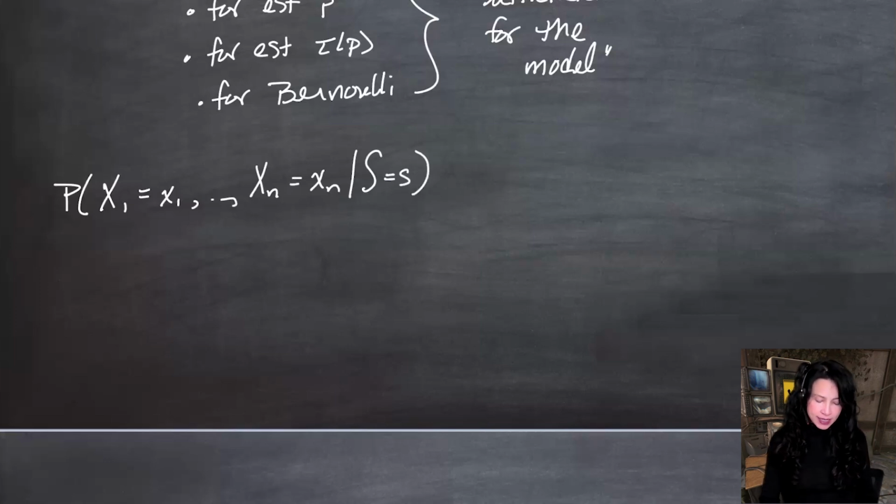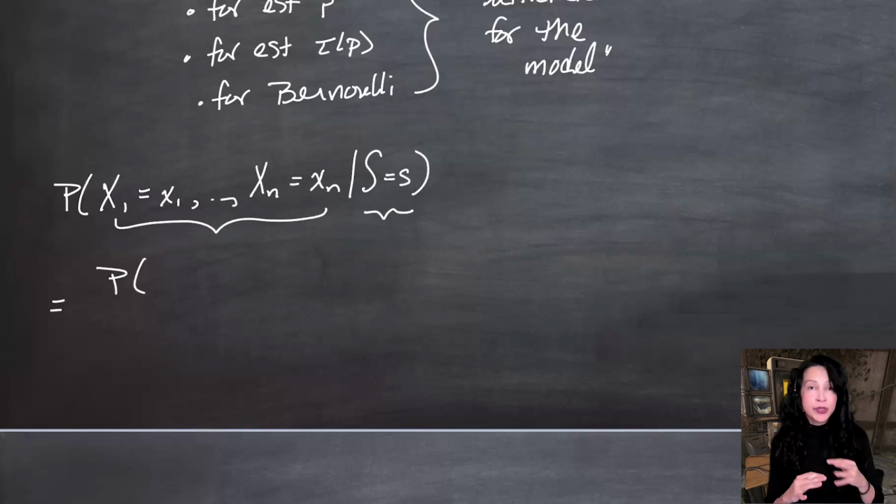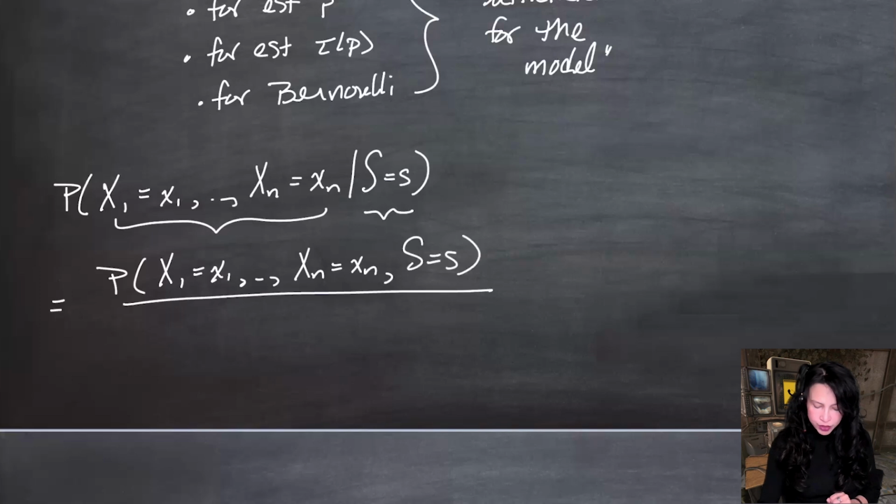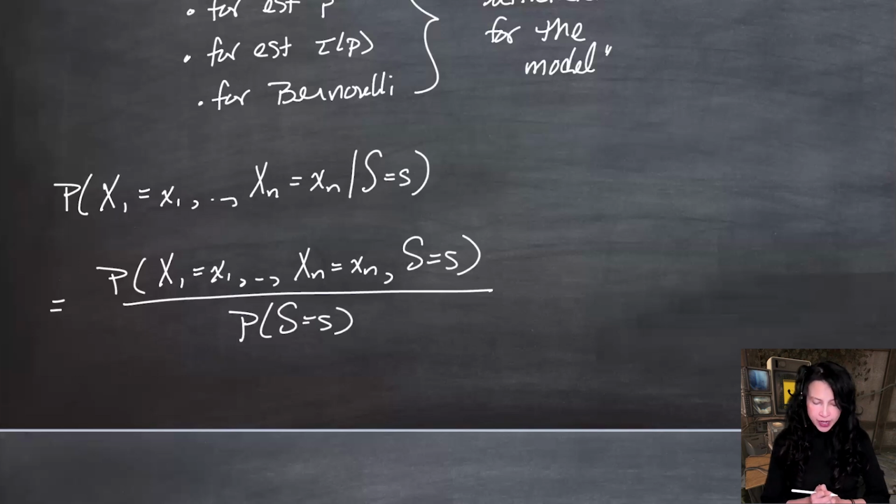We just talked about this. This is like an A given B. You would rewrite this as the probability of the first thing intersected with the second thing. So that's really an n plus 1 way intersection. So I can write this as X1 equals little x1 out through Xn equals little xn, comma, and S equals little s, over the marginal probability that S equals little s. That's how we would define that.